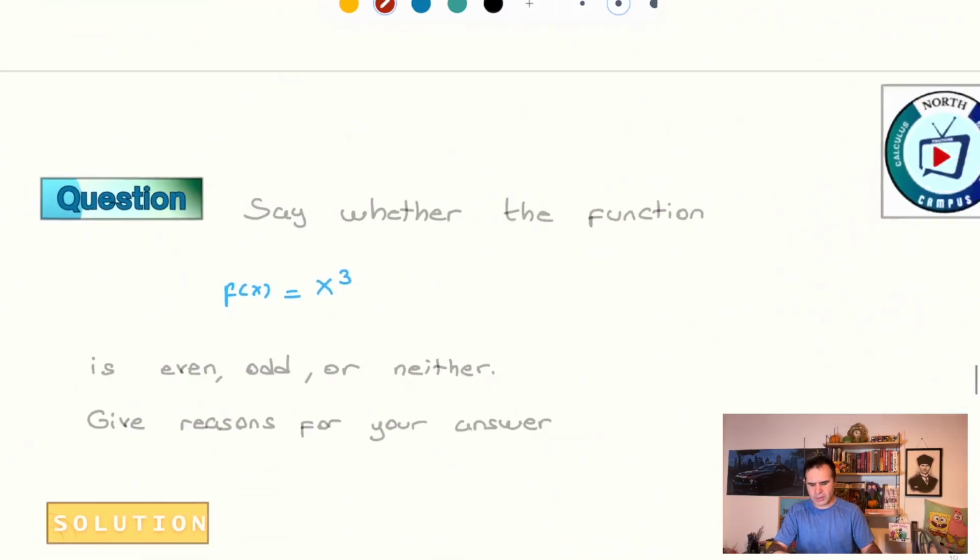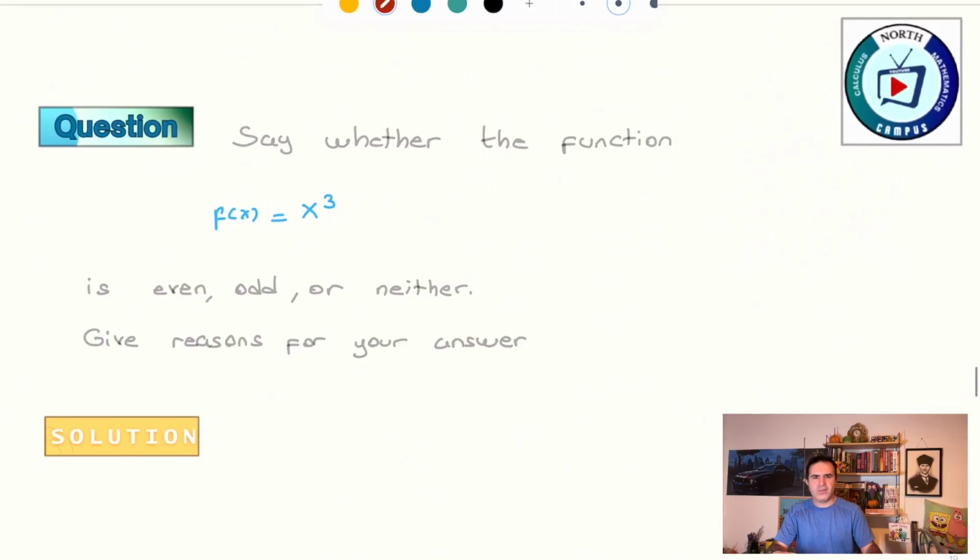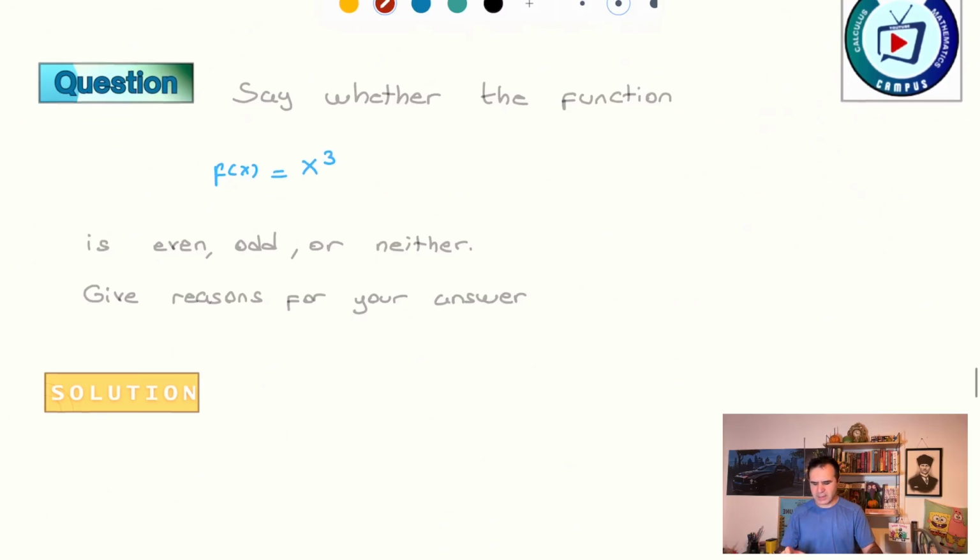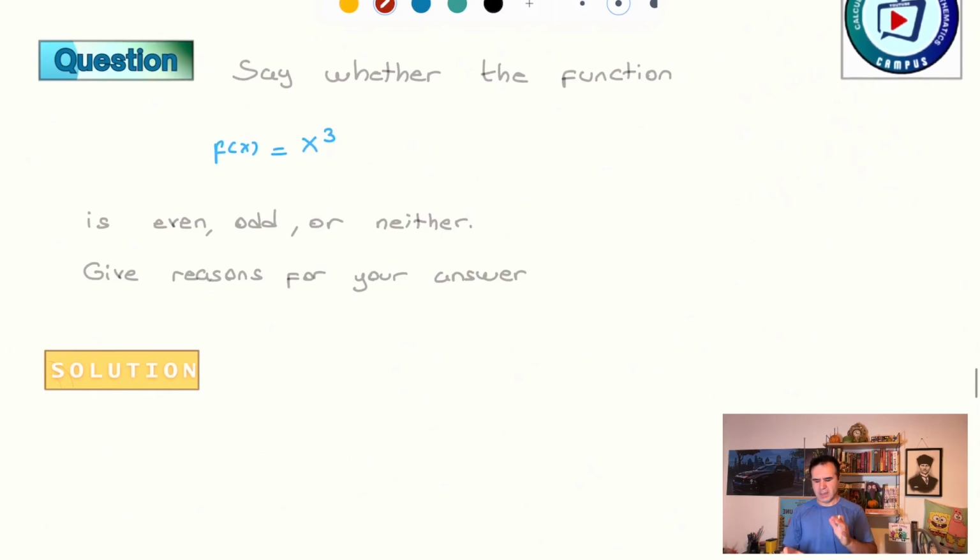The next question. Say whether the function f of x equals x cubed is even, odd, or neither. Give reasons for your answer. Let's determine again whether the function f of x equals x cubed is even, odd, or neither. We will do this again by calculating f of minus x and comparing it with f of x.